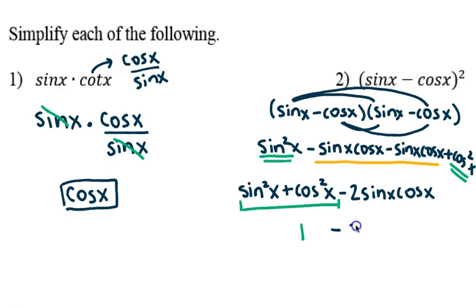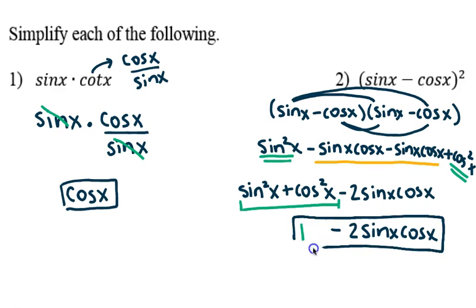And then I have my minus 2 sine x cosine x. And so this right here is going to be my answer. 1 minus 2 sine x cosine x. Okay, and I can't rewrite that as anything else. Sine x times cosine x, I can't rename that using any other identity.